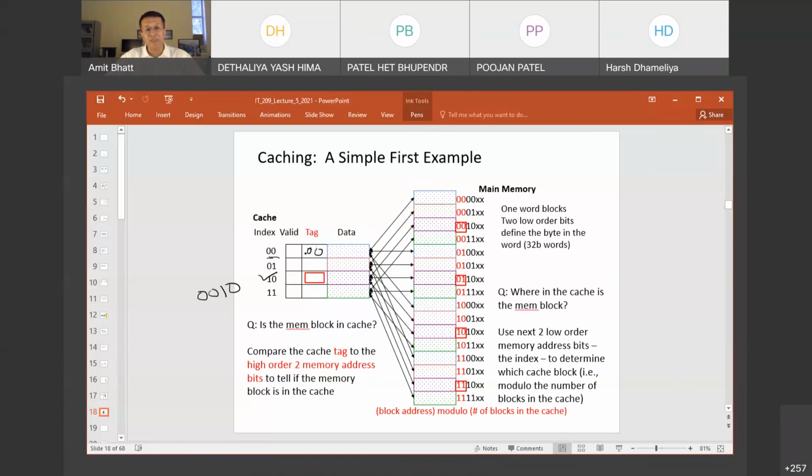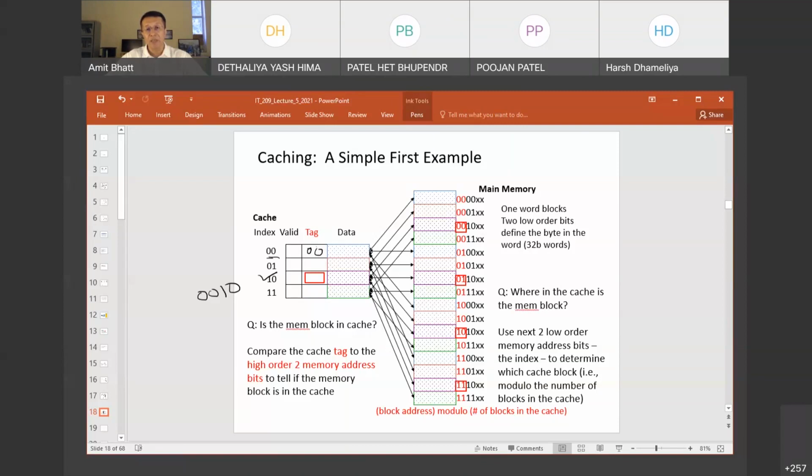So the tag would be different, but the index would be the same for 16 instructions or data. If any one of those 16 is called, it will have to kick out the other and sit here. They cannot sit together at the same time in one location, so only one of them can be present in cache memory, and others will have to sit in main memory.